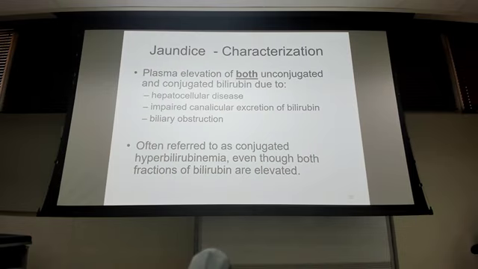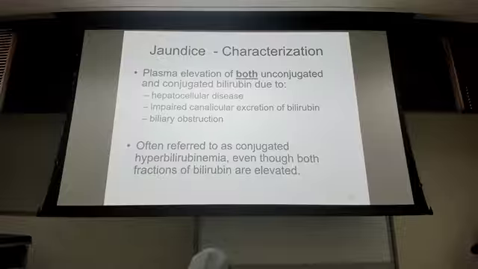What is the canalicular excretion of bilirubin? Anybody know? Can't get out of the duct. It's basically the hepatocytes can't secrete bile, right? So canalicular excretion itself is a secretion of the bile by the hepatocytes. If that process is impaired, we can get the conjugated hyperbilirubinemia.